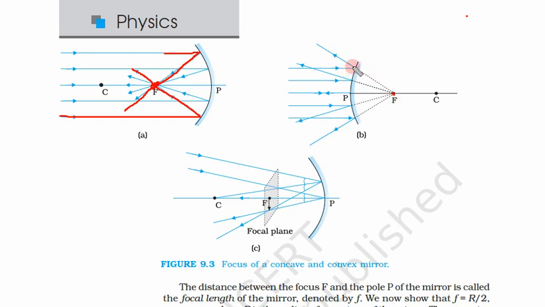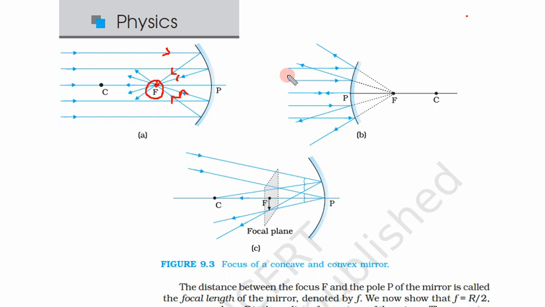This is an imaginary point because the light is going outwards, and it seems to appear that the rays are meeting at this point F. Here the light beams are actually meeting at this point F. So that is the difference. In case of the concave mirror, the light beams after reflection meet at a point which is called the principal focus of this spherical mirror.